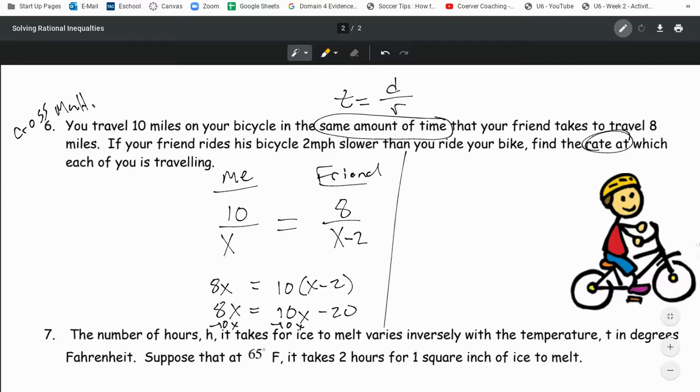That gives me negative 2x is equal to negative 20. Divide by negative 2 on both sides, and I get x is equal to 10 miles per hour. So I should be riding 10 miles per hour, and my friend would be riding 8 miles per hour because his rate is 2 miles per hour slower than mine.